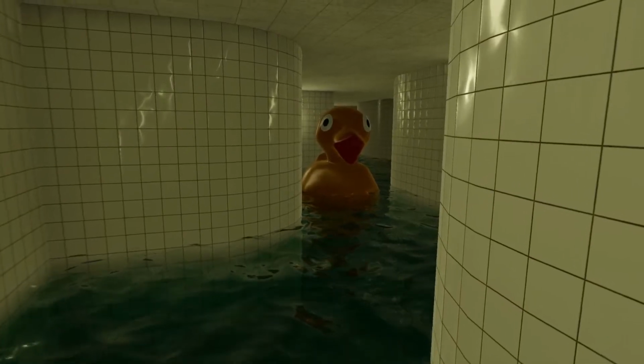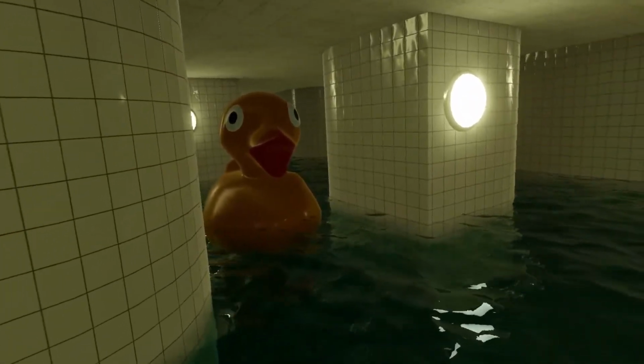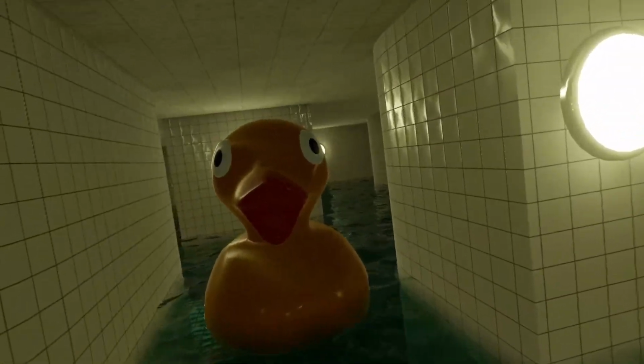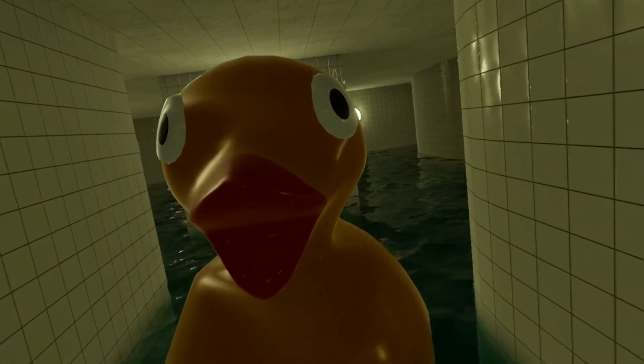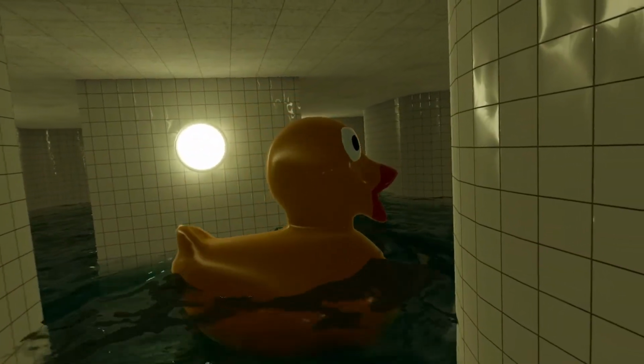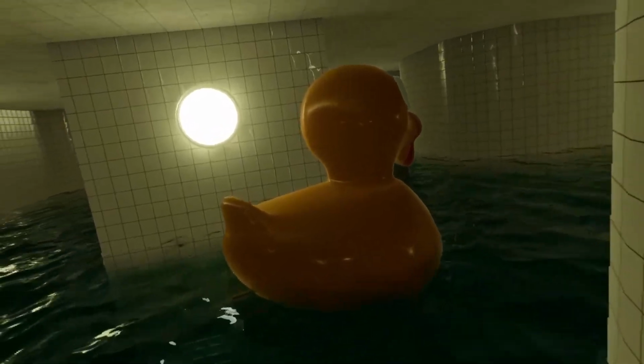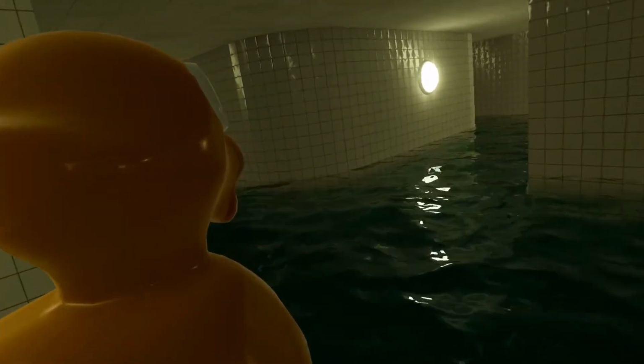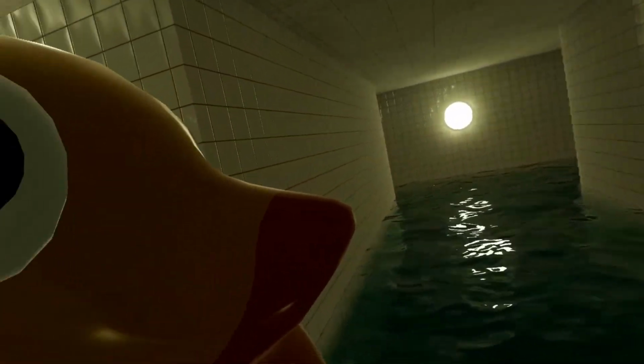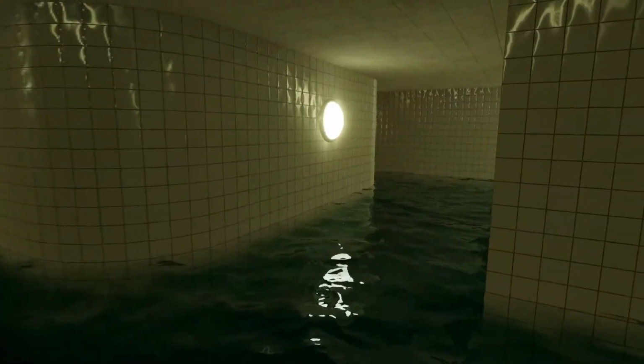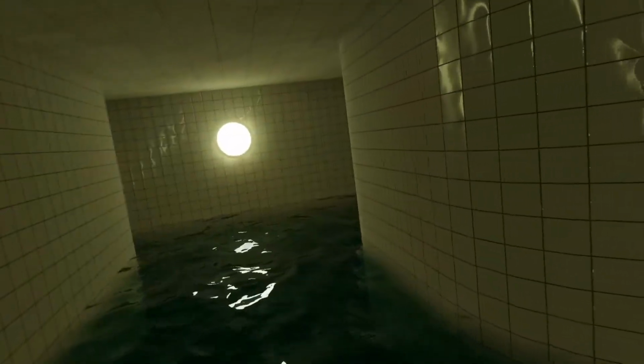There's something about that is deeply unsettling, how I looked away and then looked back and it was staring directly at me. I don't like that. Cheeky duck.